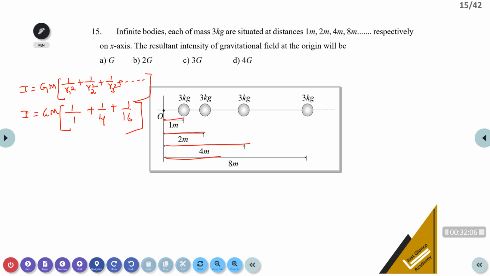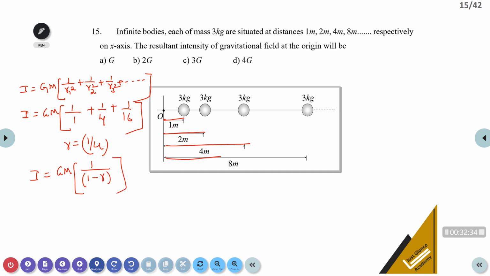You know the series 1 plus 1 by x plus 1 by x square series. So here r becomes 1 by 4: second term divided by previous term, third term divided by second term. You know that in mathematics. I equals G into M into bracket 1 divided by 1 minus r here.